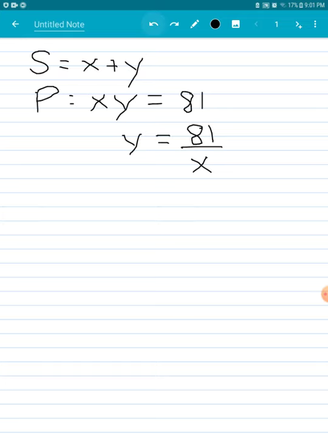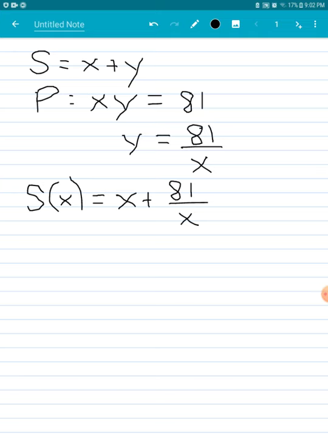And so we get S in terms of x now as x plus 81 over x. So again, note that S is now a function of x alone.